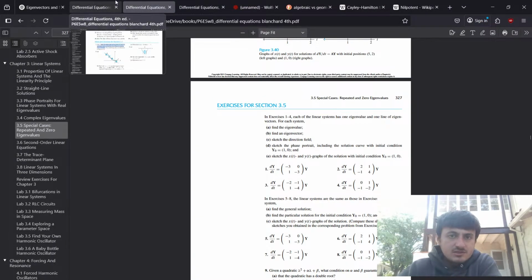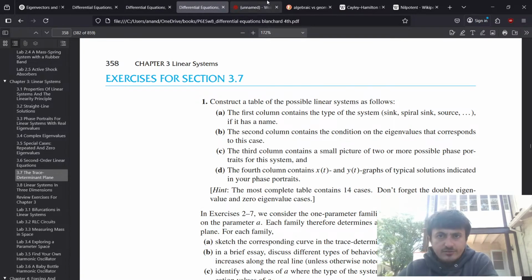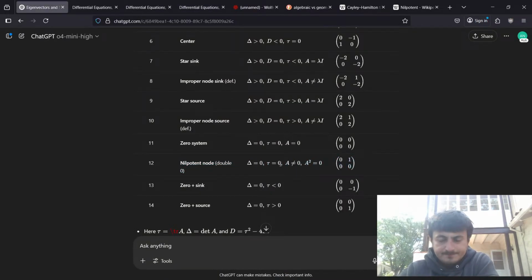Okay, so wait, we're doing this. Oh wait, I'm here. Use Python to make phase portraits for direction fields for 8, 10, and 12.